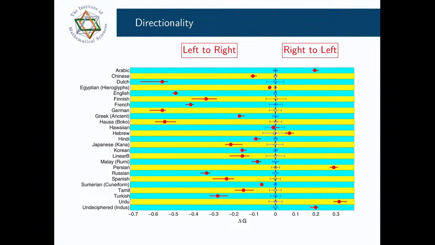So once you apply all these things, there is some positive line, there is some negative line. All the languages which lie on the left side are written from left to right. And whatever is coming on the positive end is from right to left.